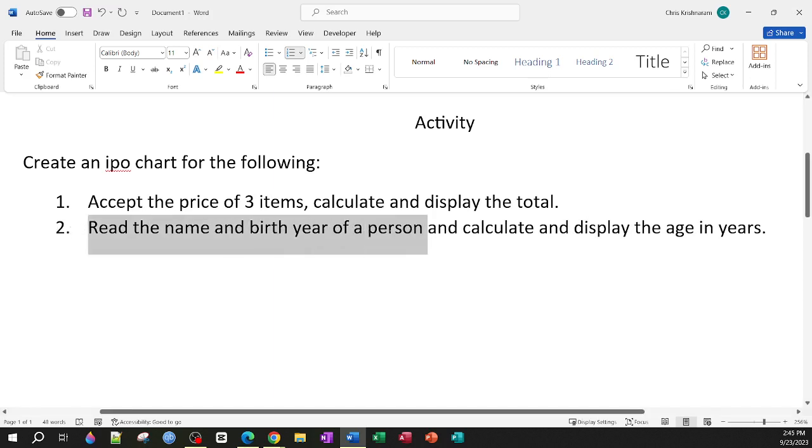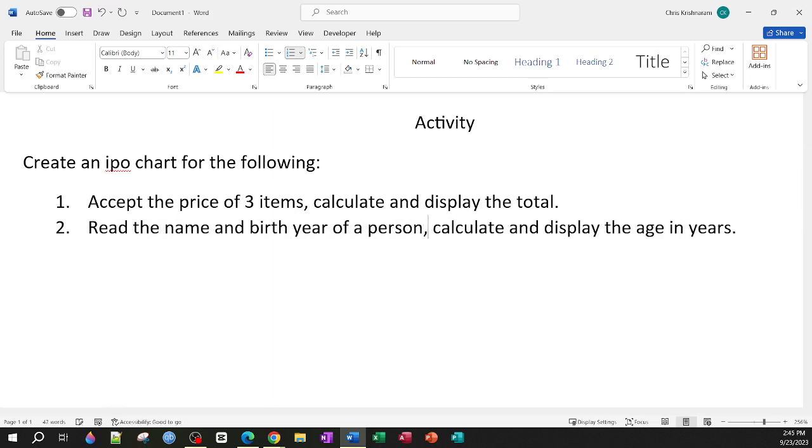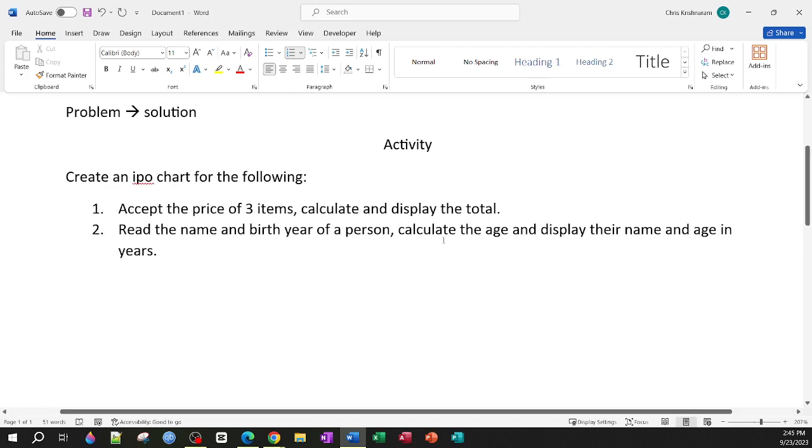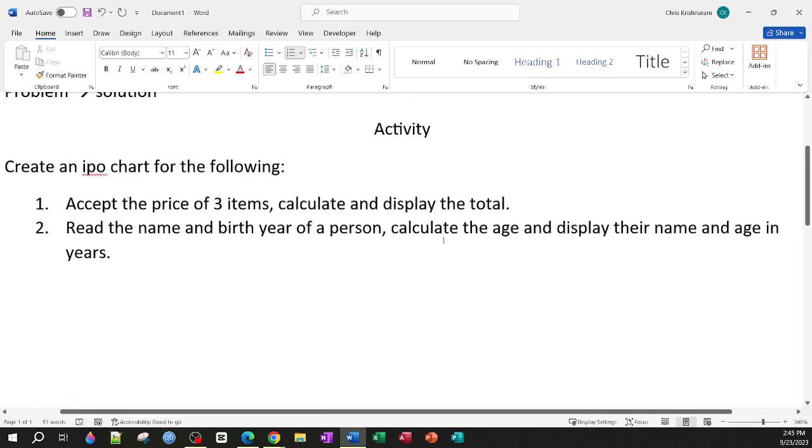So read the name and birth year of a person, calculate the age, and display their name and age in years. All right, let me know if you're clear on it now.